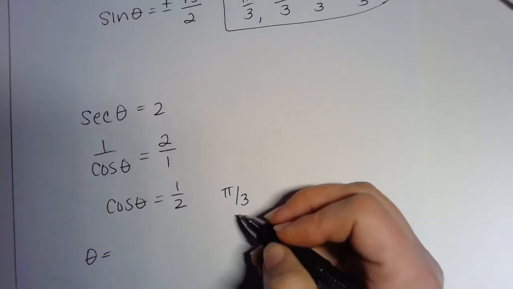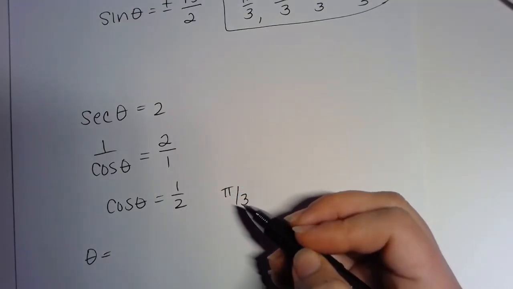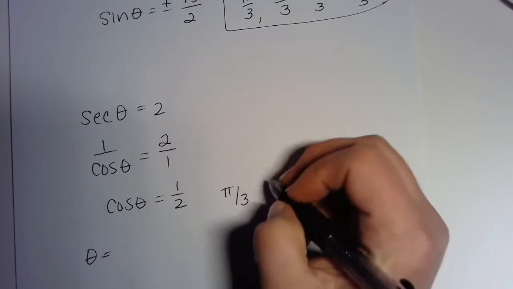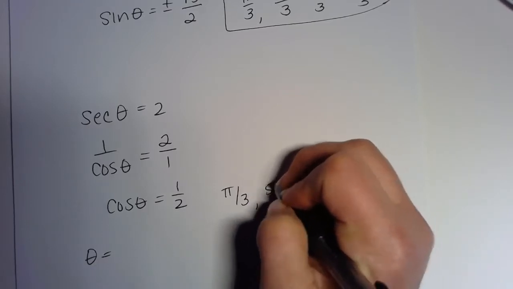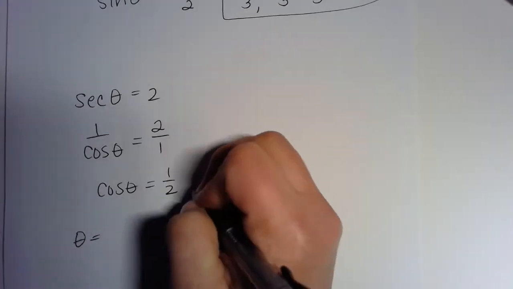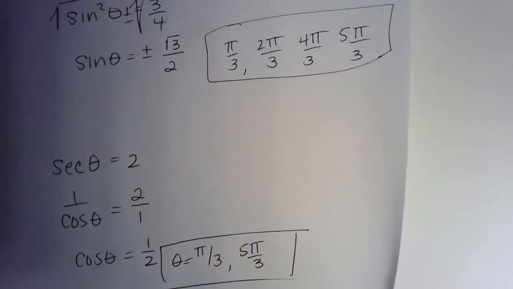Okay, so pi over 3 would be positive, and then cosine is positive in the first quadrant and in the fourth quadrant. So the one that would be in the fourth quadrant would be 5 pi over 3. Okay, so those are my theta values. So theta is equal to these.